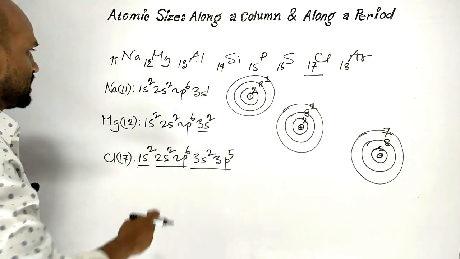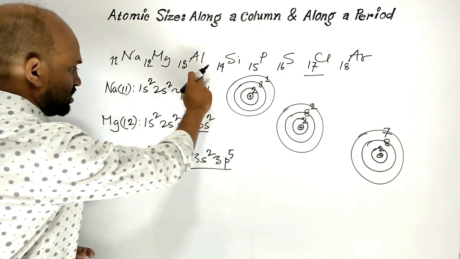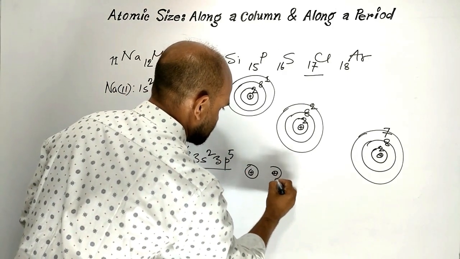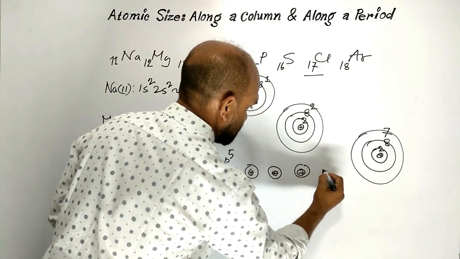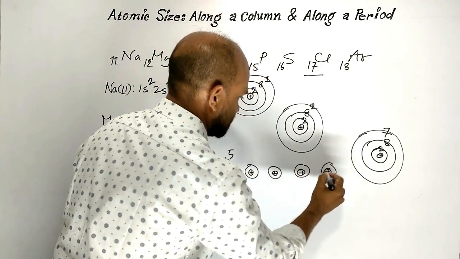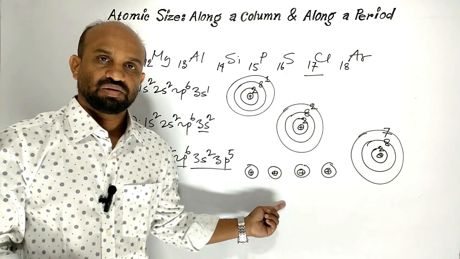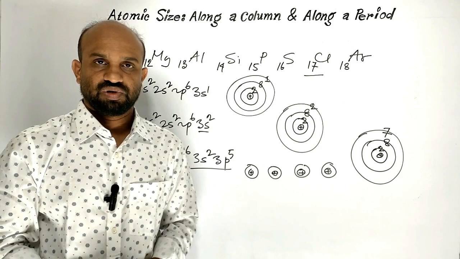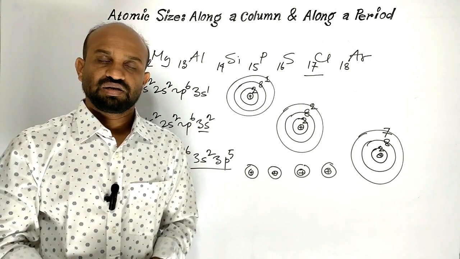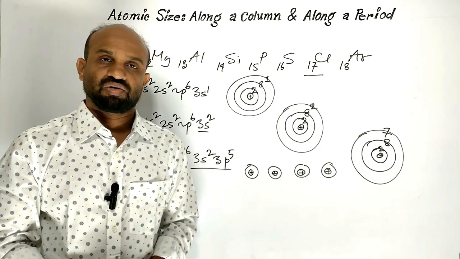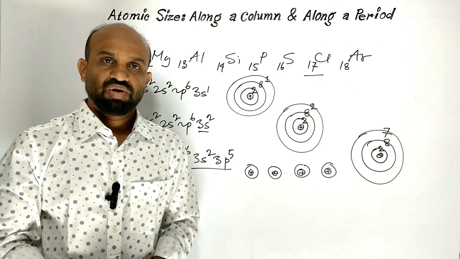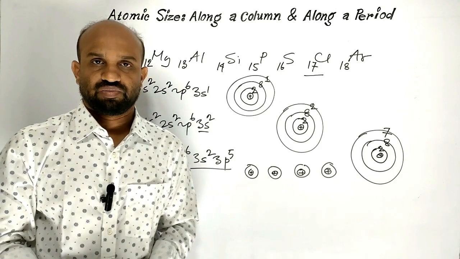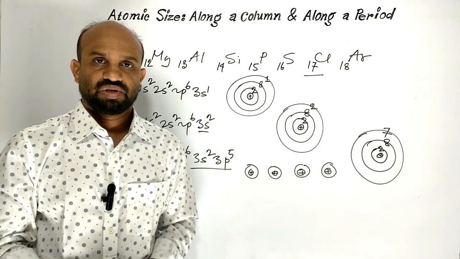So, along a period, atomic size should be the same, because in each case the number of shells is the same. No new shell is added. That happens along a column. So along a period, atomic sizes should be the same, but they are not the same.